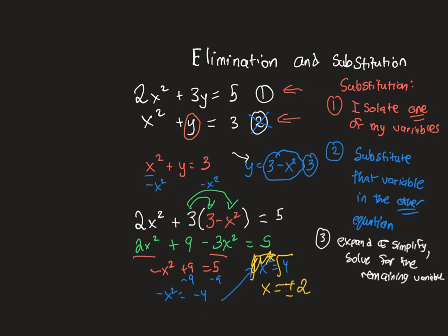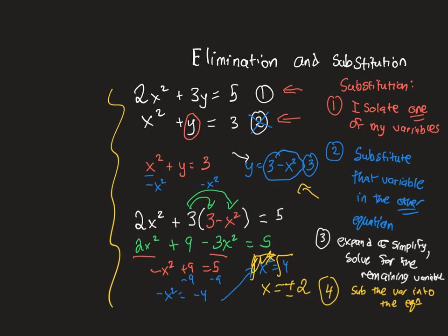There's only one last step here. I found out what my x is. You now have to take this x and substitute it into this equation. Okay, so I'm going to do this over here. So I now know that y is equal to 3 minus, but I now know that x can either be plus 2 or minus 2.